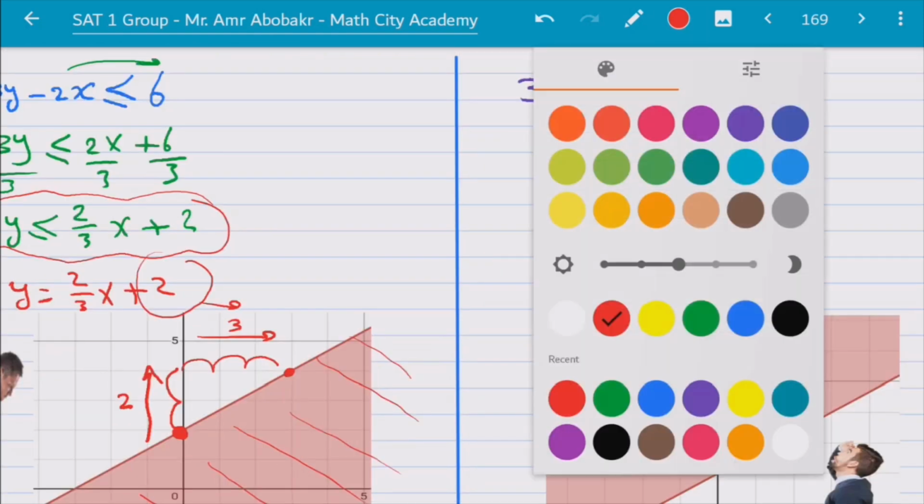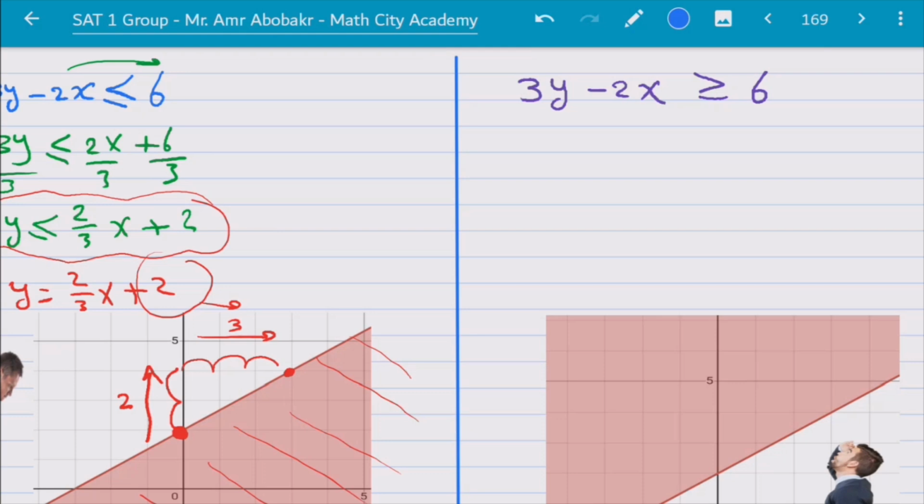Another example, we will make it y greater or y smaller. So now we have 3y minus 2x is greater than or equal to 6. So 3y, bring it to the other side, greater or equal to 2x plus 6.